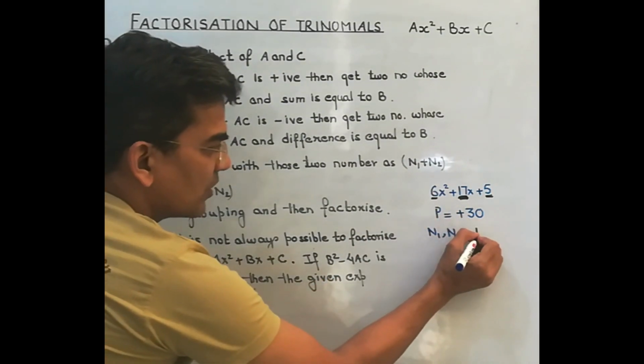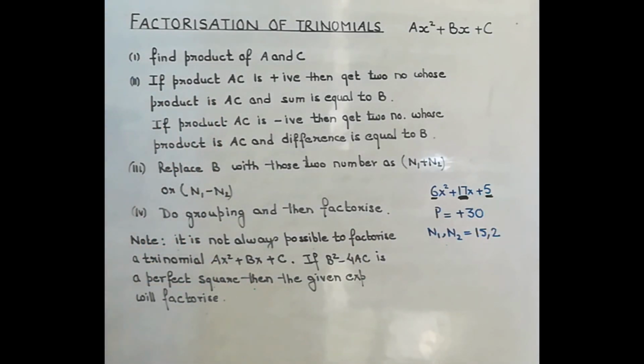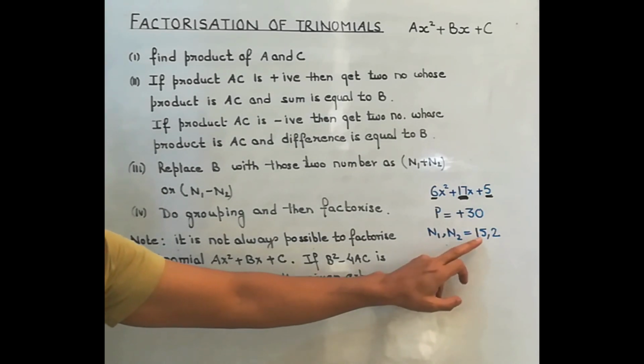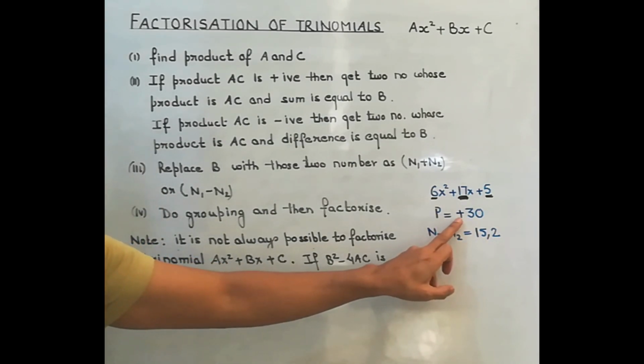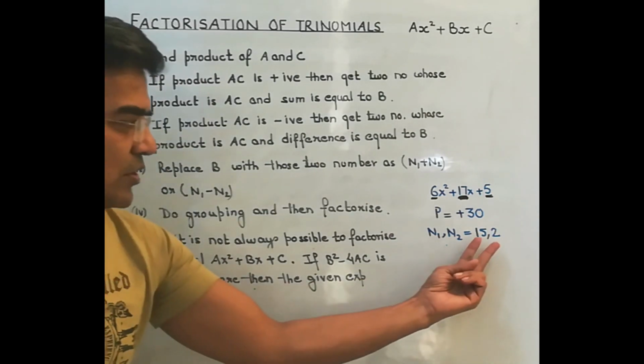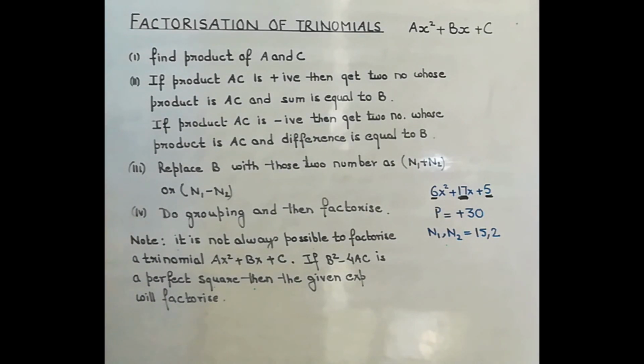So the two numbers will be 15 and 2. These two numbers when multiplied will give us 30, and their sum will be 17. So we have got the two numbers.